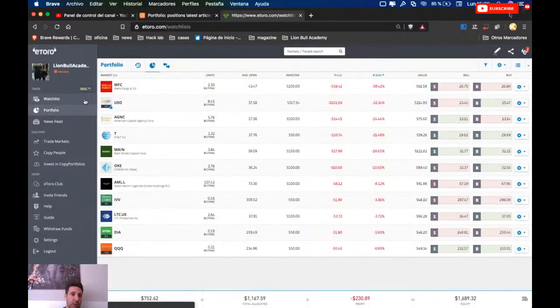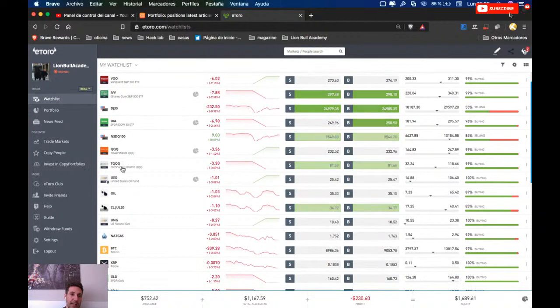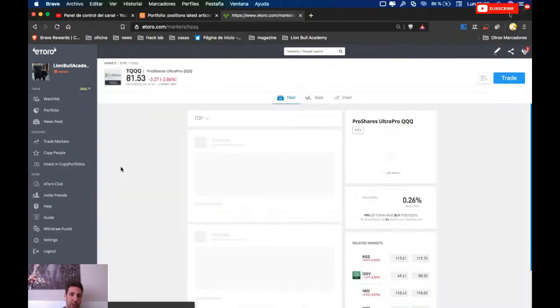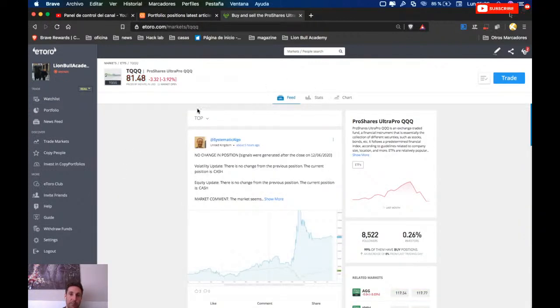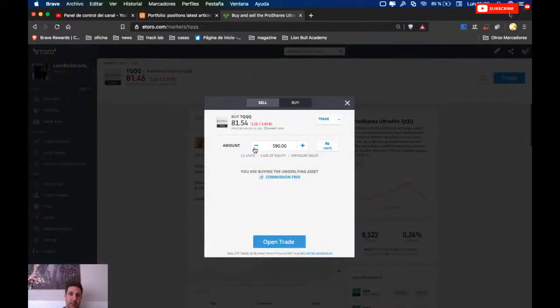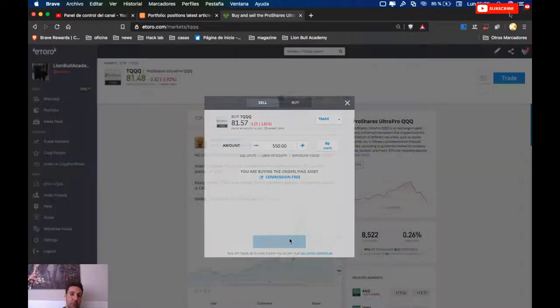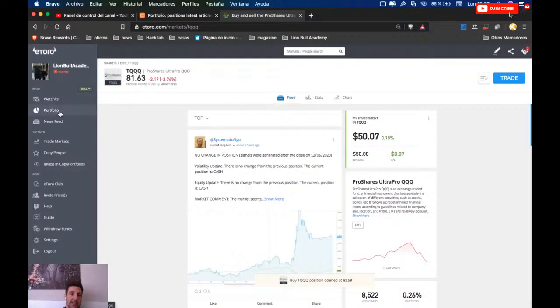In the watch list, I already have one ready, named TQQQ. This is a great ETF to trade, the QQQ, the Nasdaq, with X3 leverage without paying commission. Just click open the position, and we are already entered in TQQQ.